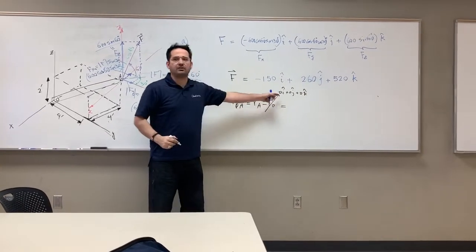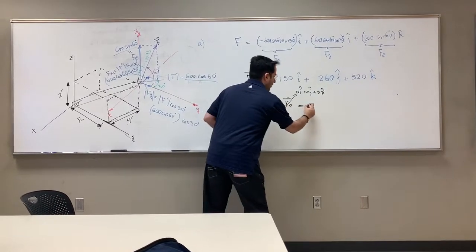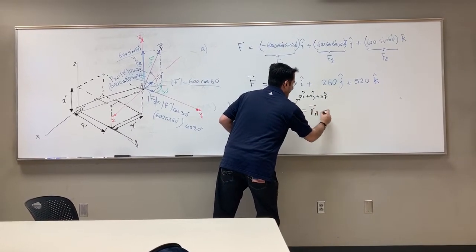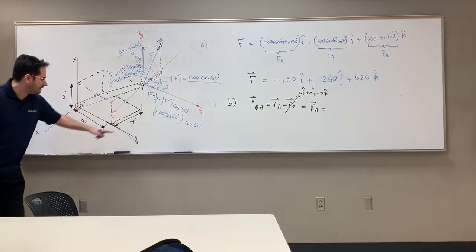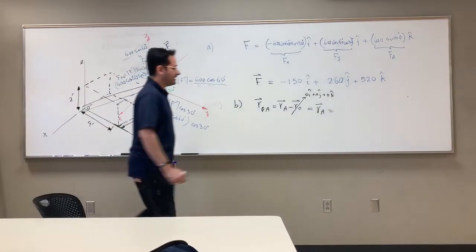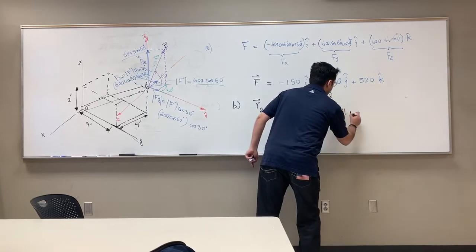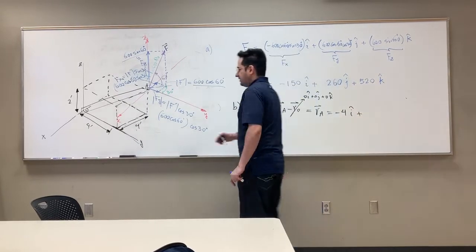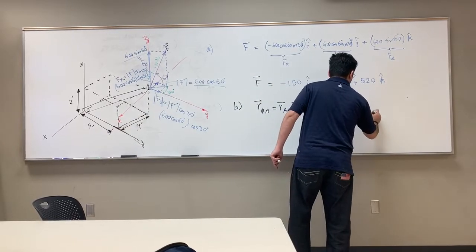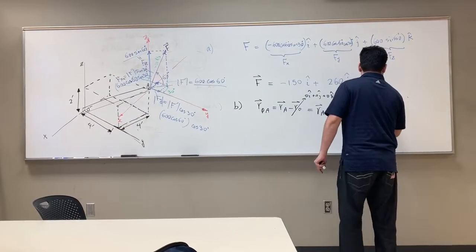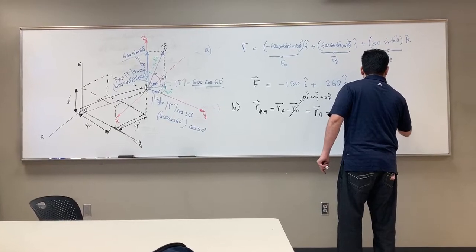So a vector minus 0 is itself, so it's simply RA. So what's RA from the figure? It has 4 feet in the negative x, so it's negative 4I plus 4 in the j plus 2 in the k, right?